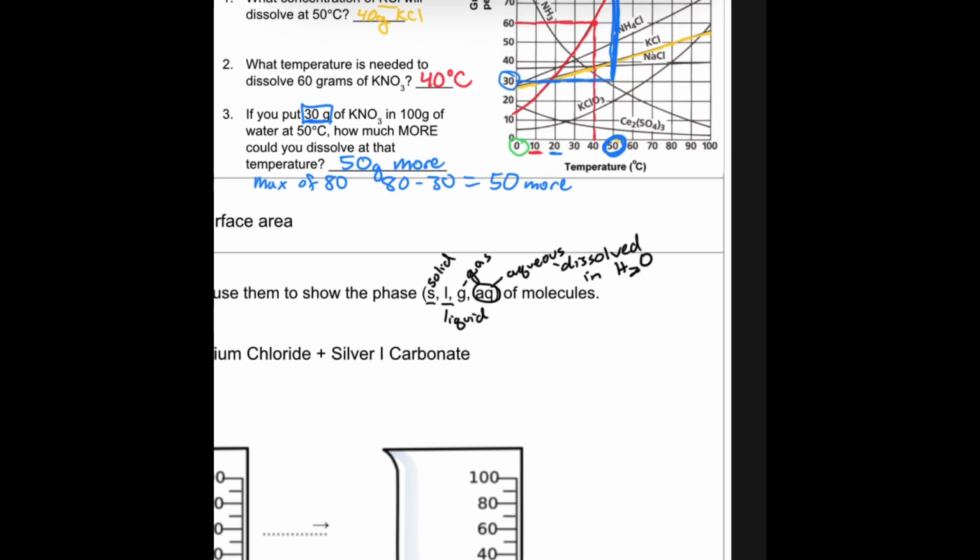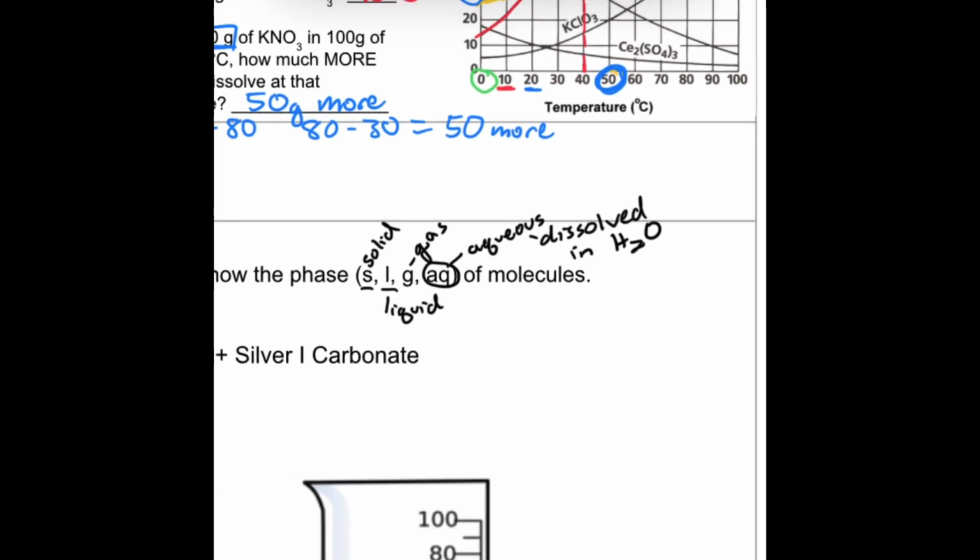Now, aqueous, I mentioned already on the other side, I said it a couple of times, but aqueous quite literally means dissolved in water. Right? That's what the word aqueous means. So there's a couple of important pieces of information here that you're going to have to worry about.